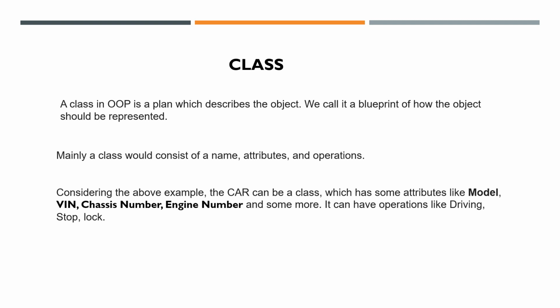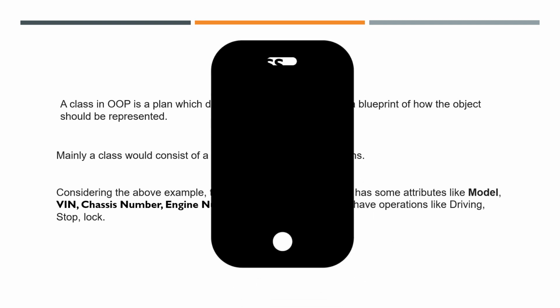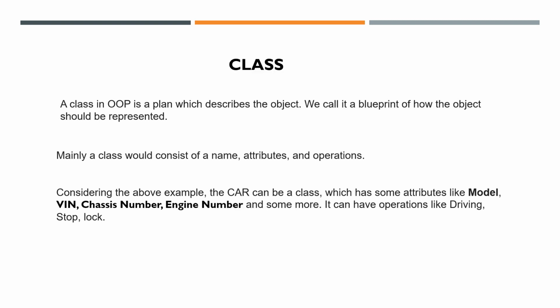These are the operations. If this looks tough, I'll take another example. For a mobile, what is the operation of a mobile? Dialing a number or messaging somebody, these are the operations. But what are the different attributes? Attributes can be the model of the mobile, or the IMEI number, or the processor.